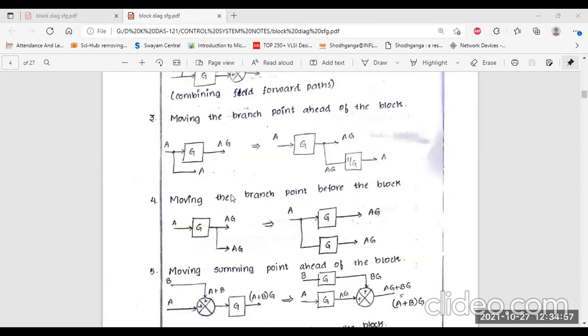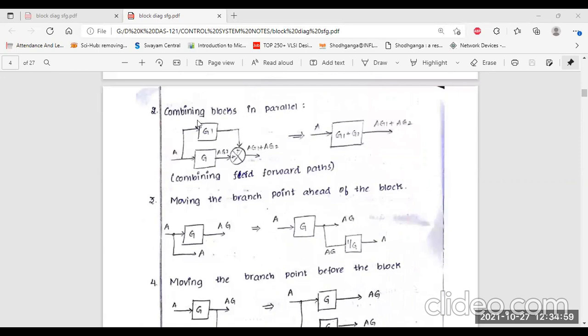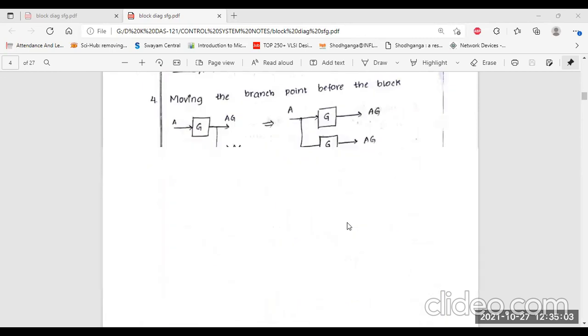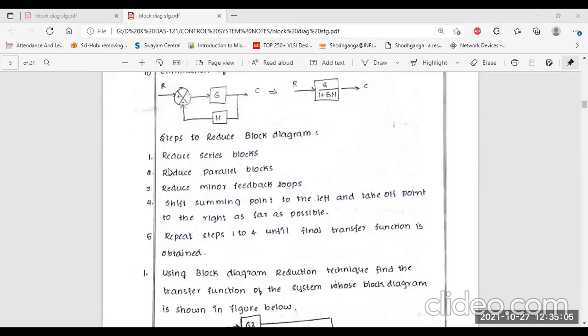Then number 2 is the parallel connection; we reduce parallel blocks. Number 3 is reduce minor feedback loops. If any loops are present, you have to reduce these minor feedback loops.